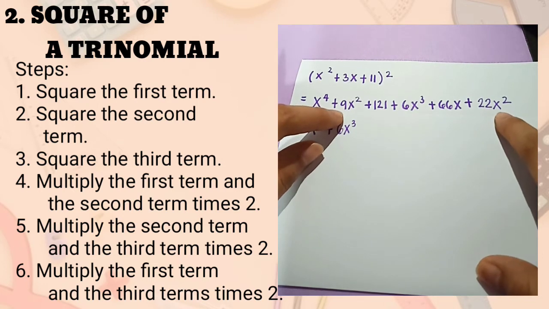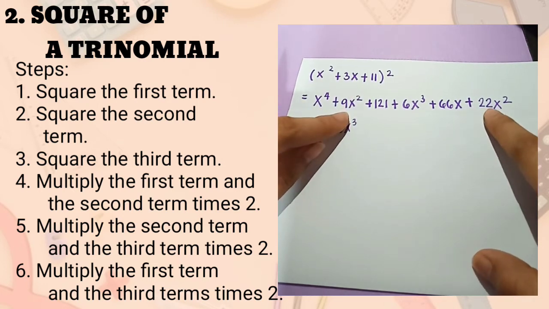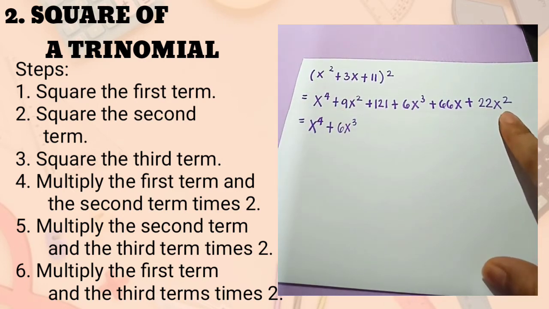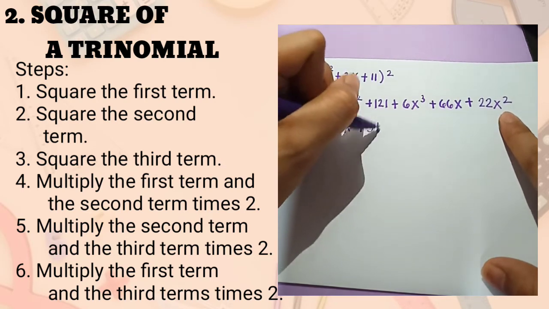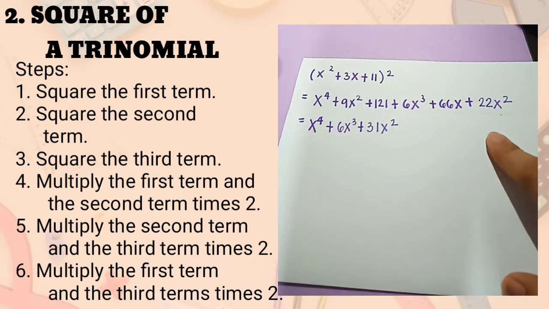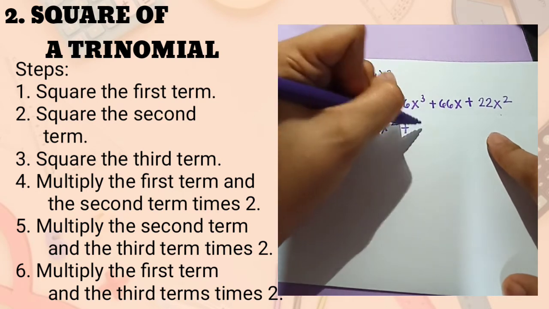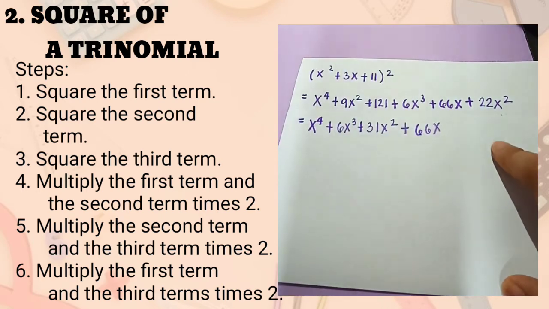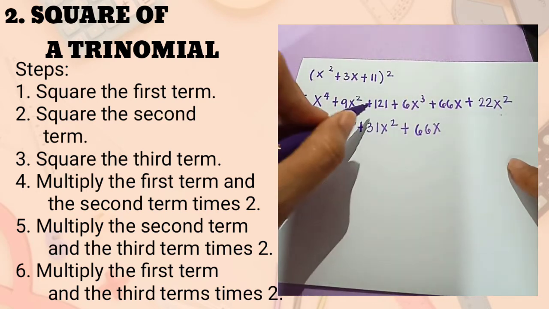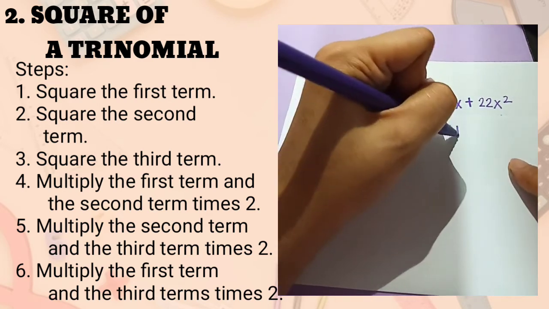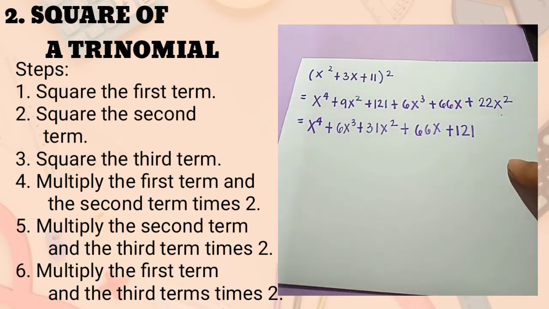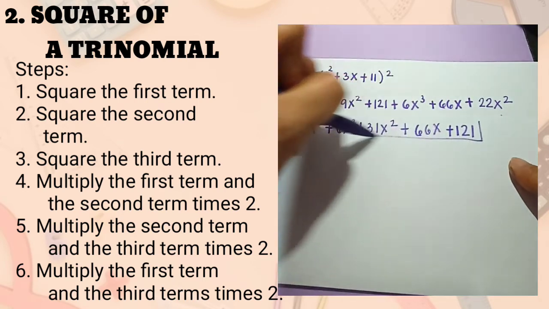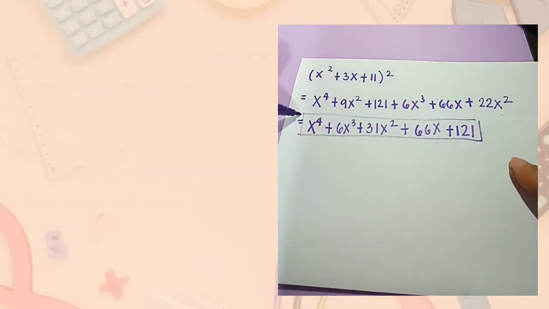So, 9x squared plus 22x squared ay equals to 31x squared. Then, plus 66x plus 121. Therefore, this is our answer.